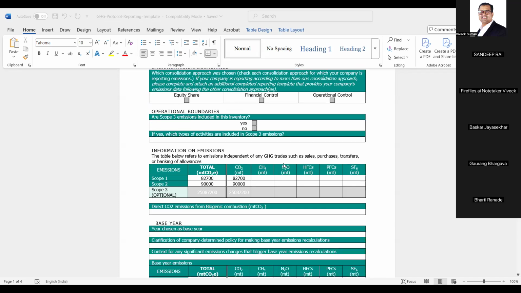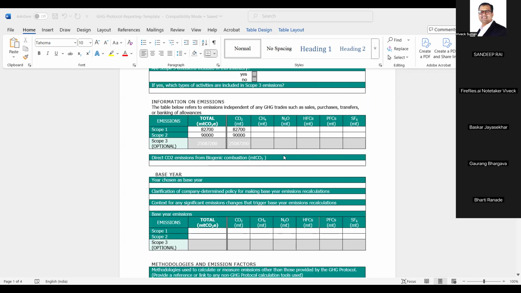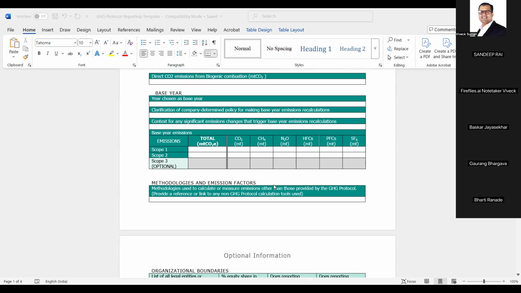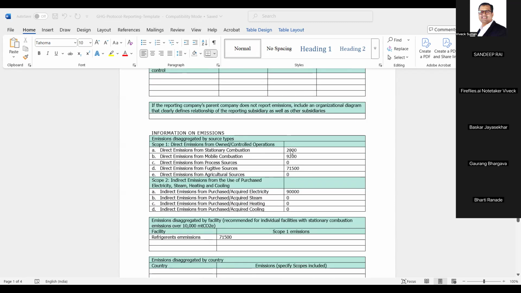Then, yeah, this is the summary of the statistics of scope 1, scope 2, and scope 3. Biological combustion, nothing is there, so I have not put anything. Then comes the information of emissions: stationary combustion, mobile, and the fugitive.